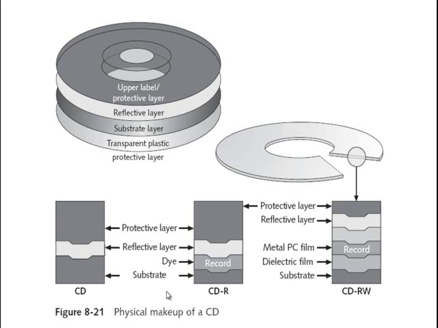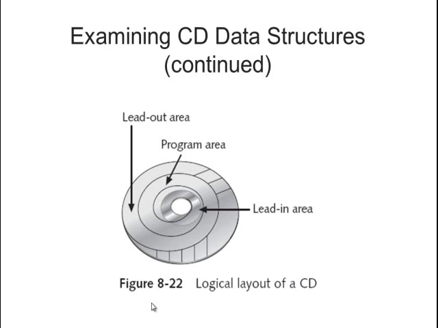Here are the different layers that constitute all kinds of CDs, including CD-R and CD-RW. And here's a surface area organization of a CD. Data is configured into 3 regions: the lead-in area, the program area, and the lead-out area.